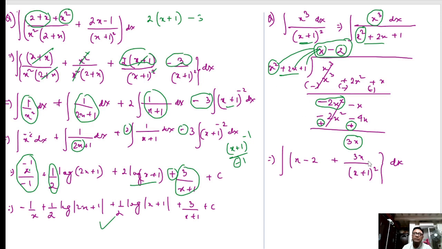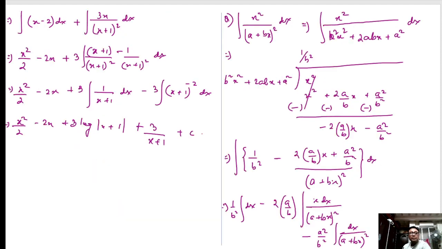So this is how we write. Okay, so now moving ahead with the sum. So it is this. Clear? So x becomes x square by 2, and integration of minus 2 becomes minus 2x.